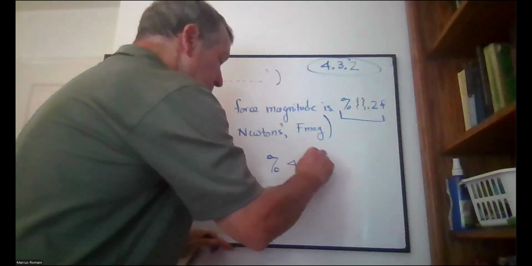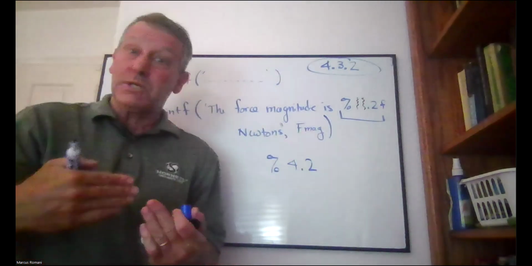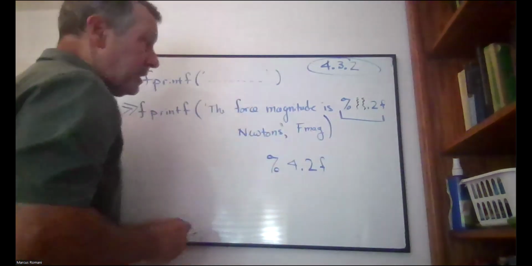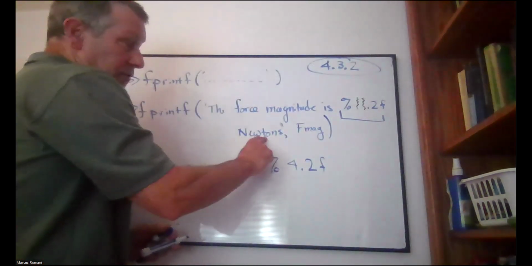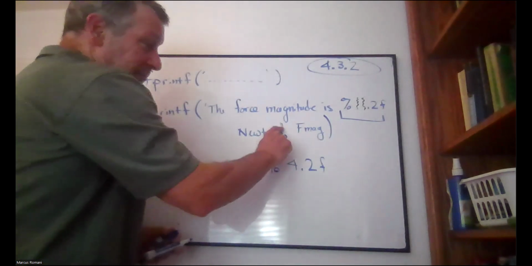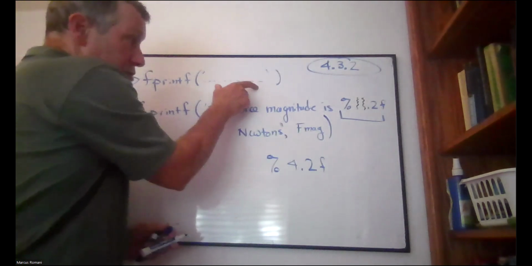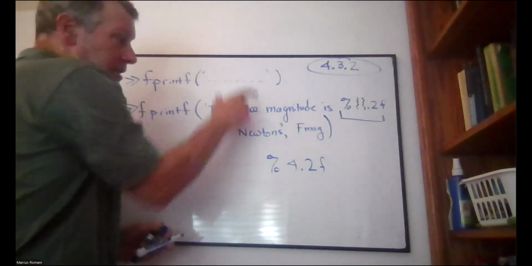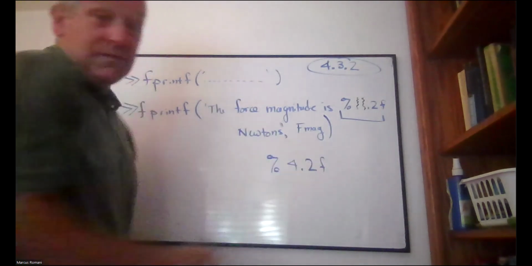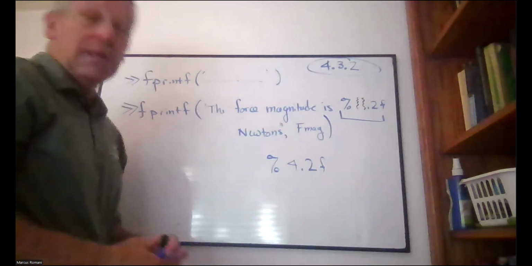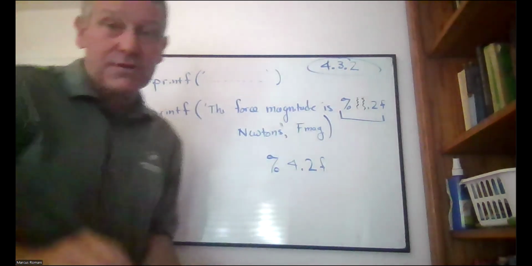Then 0.2 means I'm always going to have 2 digits after the decimal point, and f, fixed notation. Then there's the end of my verbiage, newtons. I have my quote, and that is essentially this whole string that's going to come out. Then here I have the identity of the variable that I want to have come out. All right, so let's go back to MATLAB and give that a try.